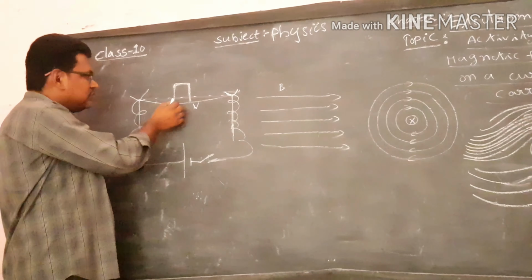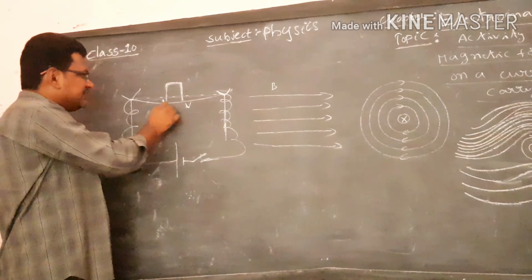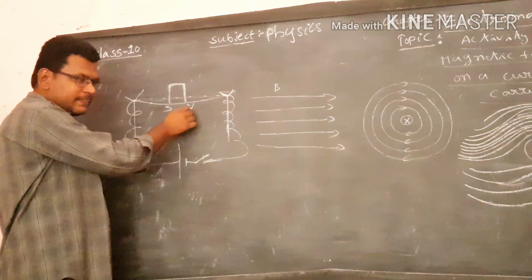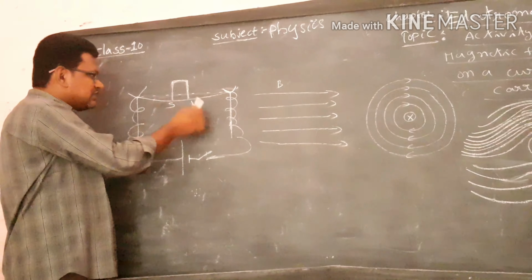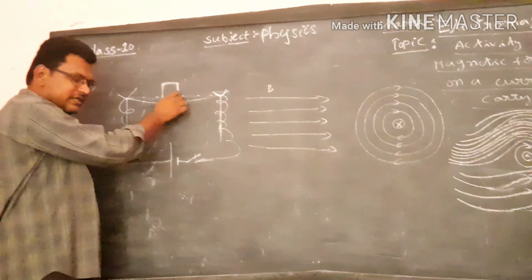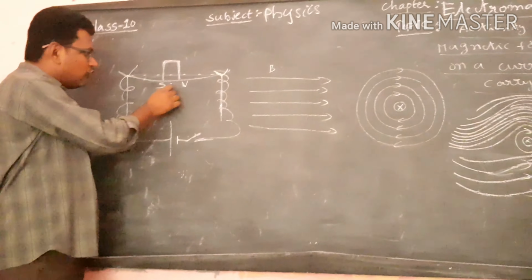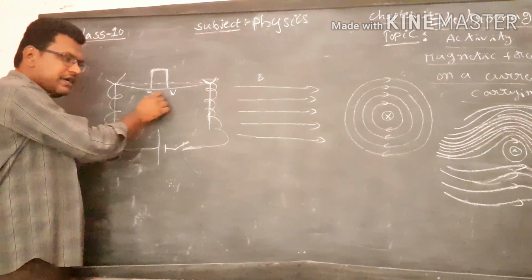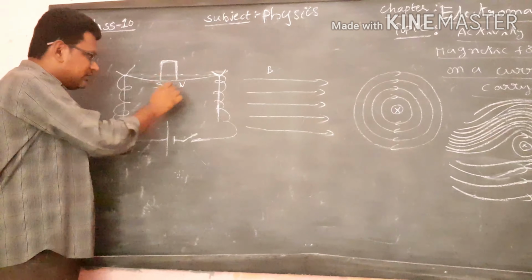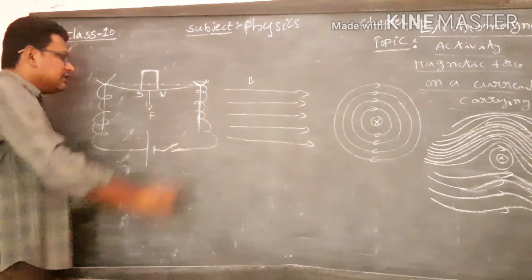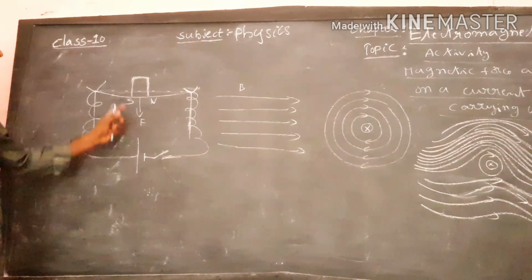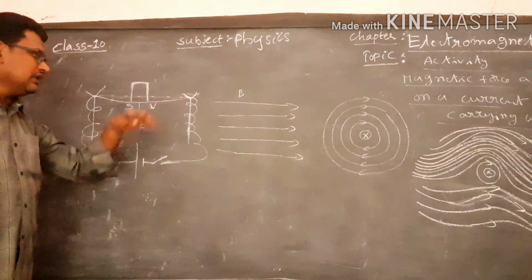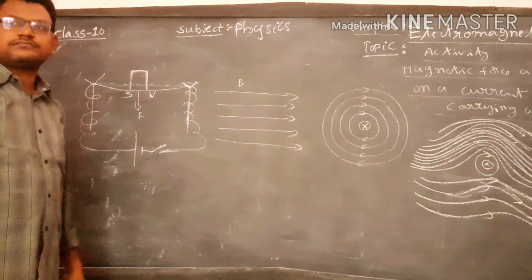But due to the presence of the horseshoe magnet, the magnetic field exerts a magnetic force on the current carrying wire in the downward direction. That's why the wire is bent in the downward direction.